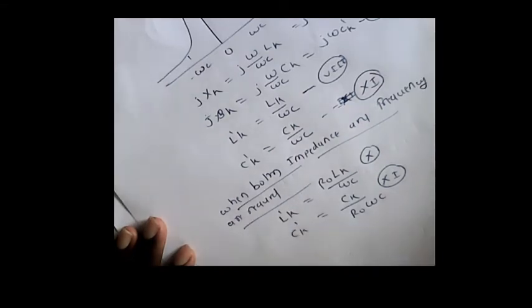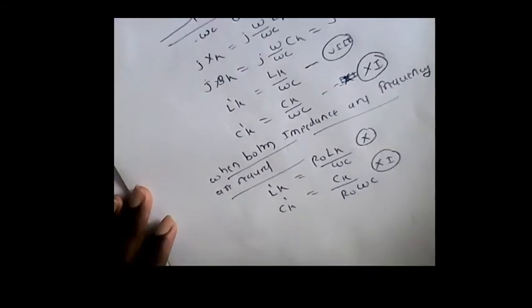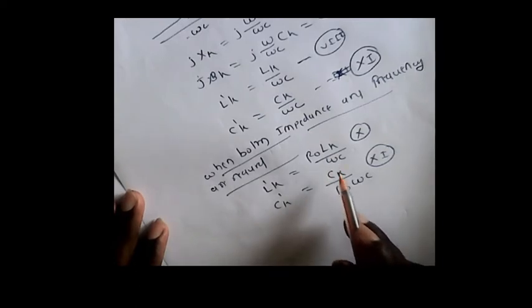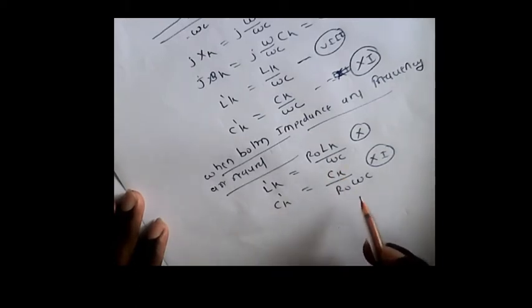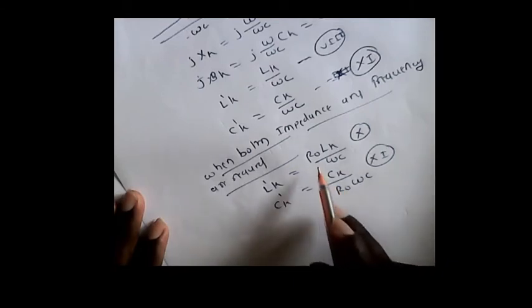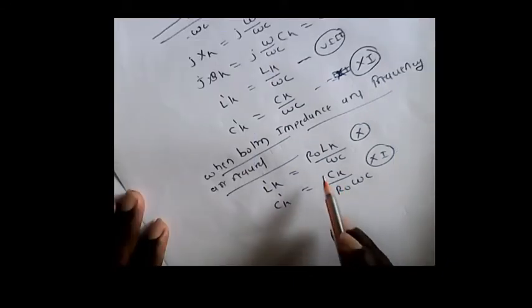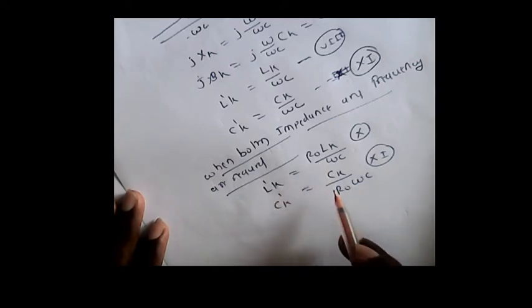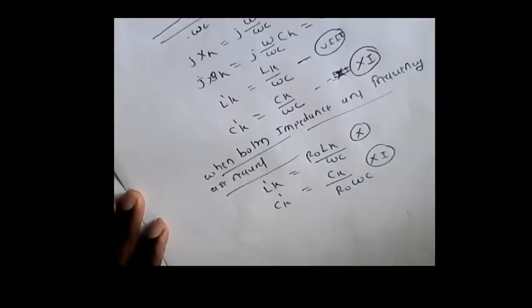So when both the impedance and frequency scaling are required, the new combined values of the components are Lk dash and Ck dash: R naught into Lk divided by omega c, and Ck divided by R naught omega c. The only difference here is that R naught is multiplied in the series reactance, and in the shunt susceptance it is divided by R naught.